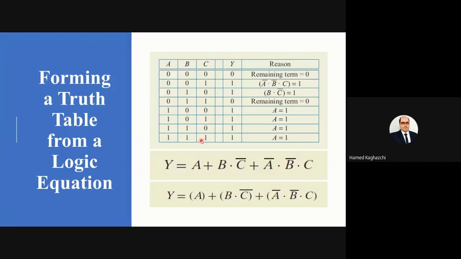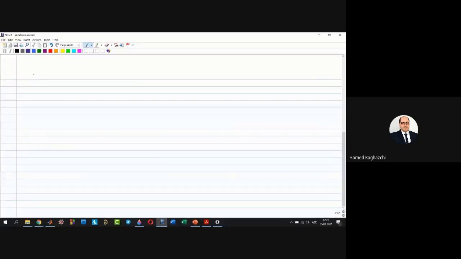For example, suppose that I have this logic equation: y is equal to A plus B dot C bar plus A bar dot B bar dot C.